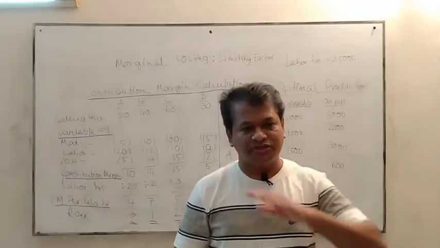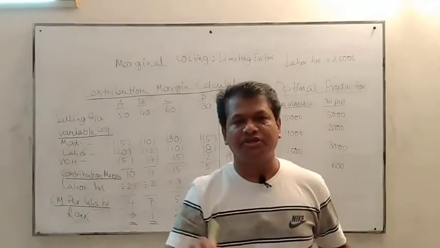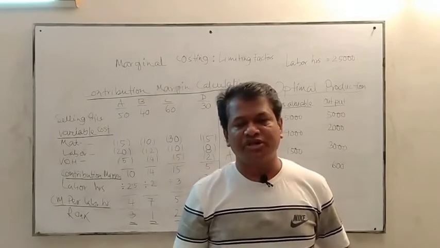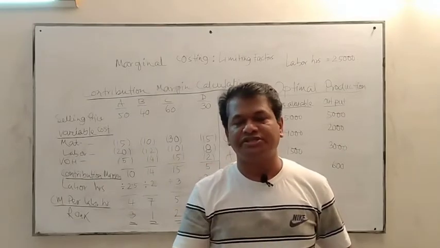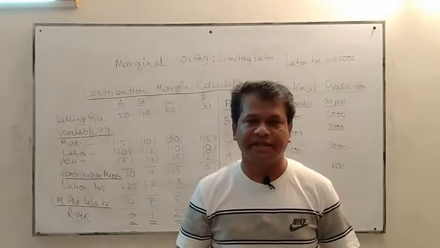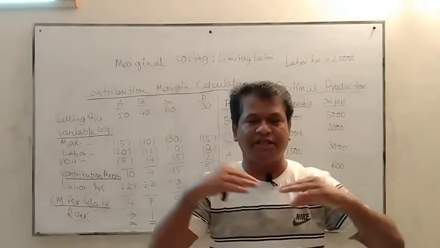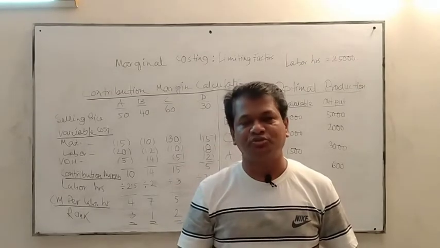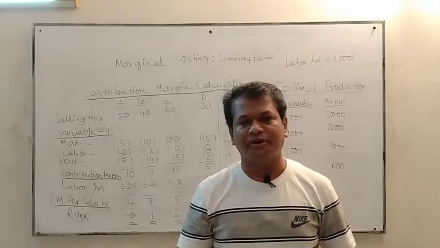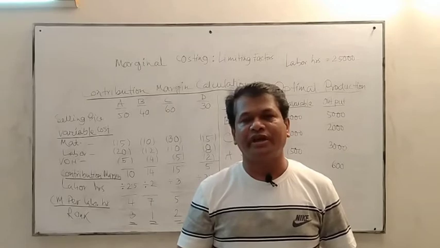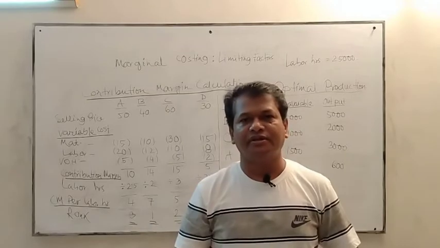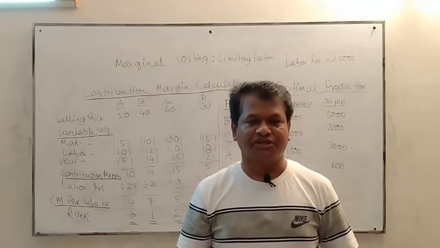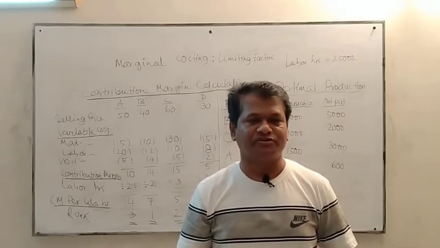When the company is running, the product life cycle has 4 stages: the introduction stage, growing stage, saturation stage, and declining stage. If the company is in the growing stage, this type of problem is often faced by the company. So the factors which curtail or limit the production are called limiting factors.